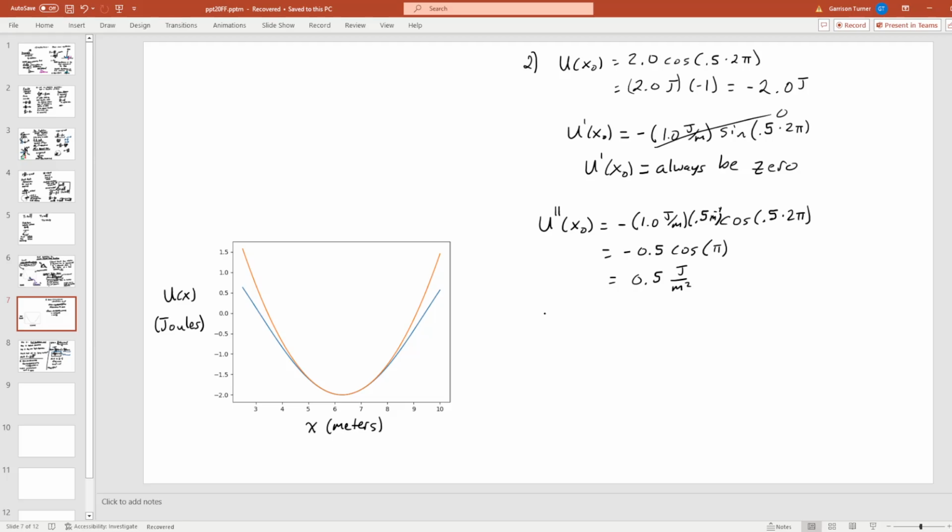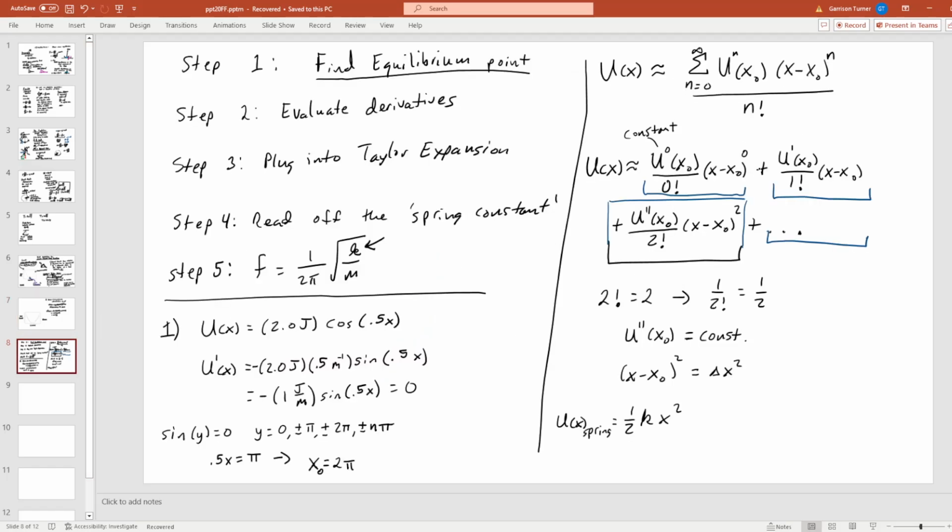Now you can compute the higher order terms, but we're not going to do that because we only need these first three. So our original function u is now approximated by these three terms.